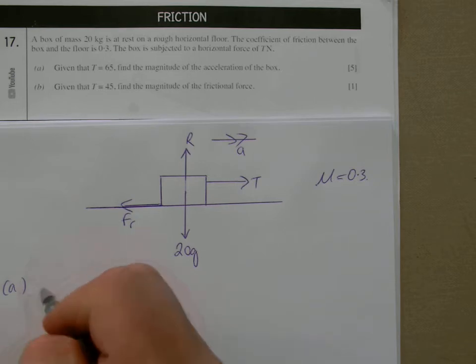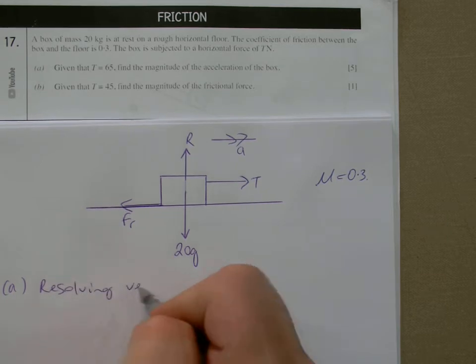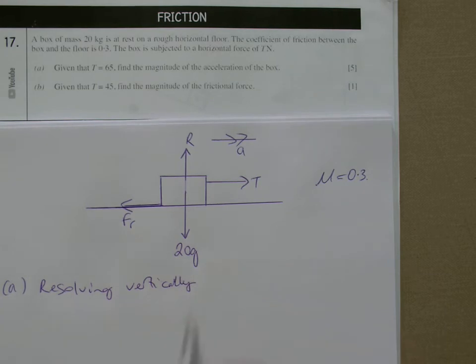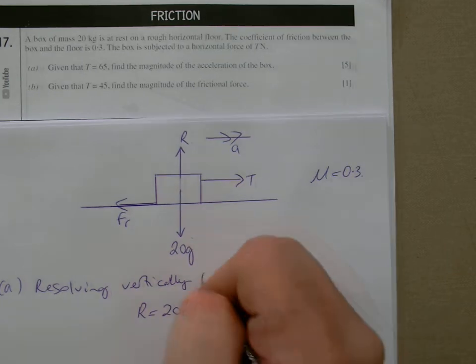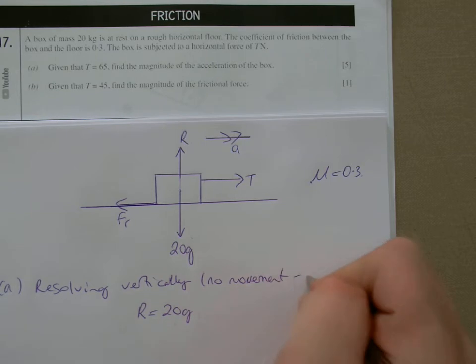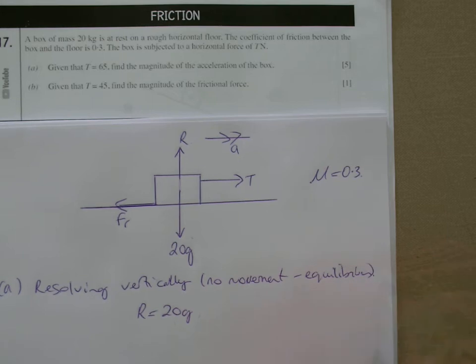If we resolve vertically, we can see straight away that R will equal 20G, because there's no movement vertically. This box is moving horizontally, so in a sense it's in equilibrium. Forces up will equal forces down.